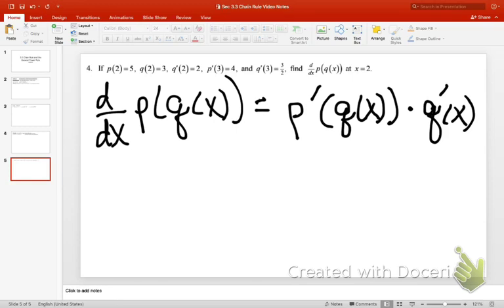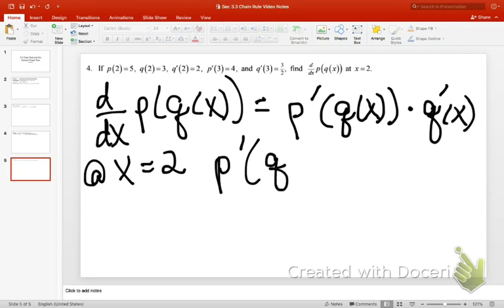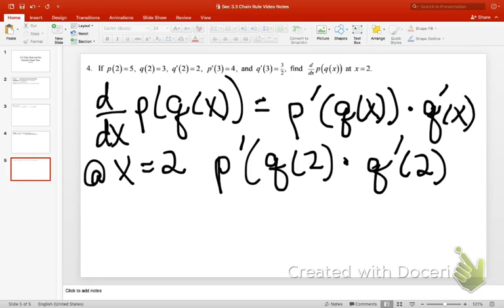So that's that hook-on factor. So if I want to evaluate this at x equals 2, I would get P prime of Q of 2 times Q prime of 2.